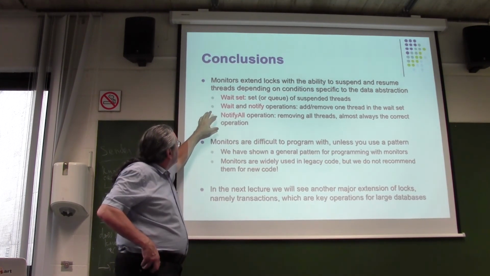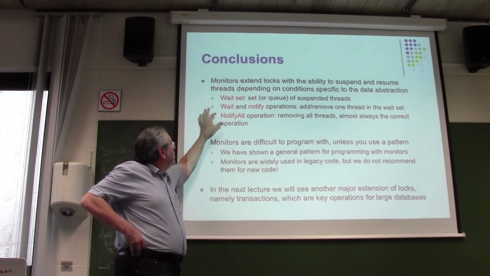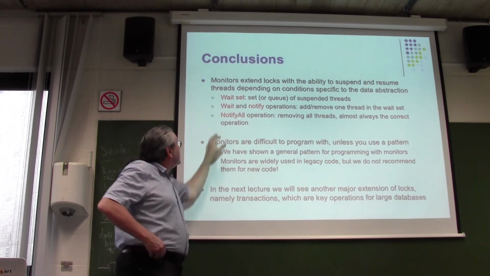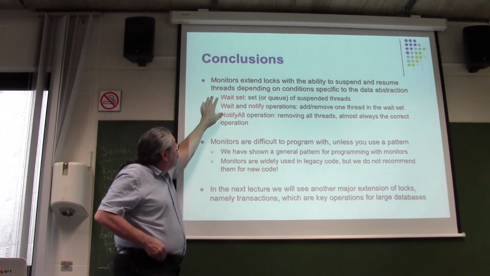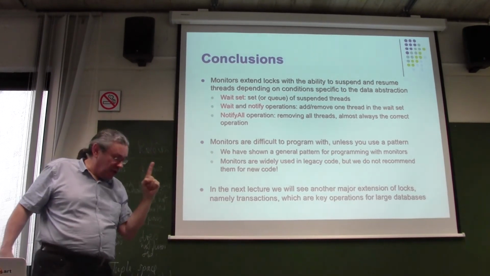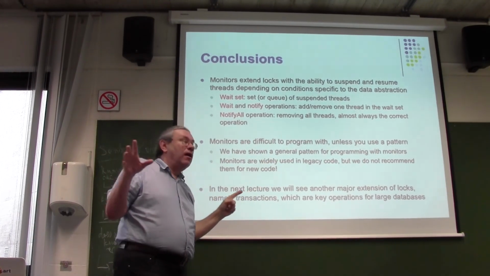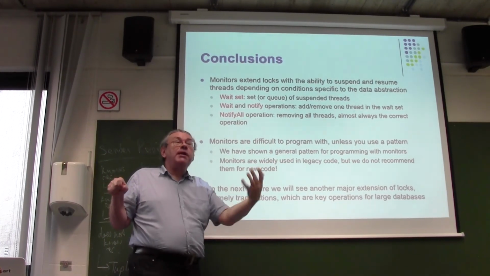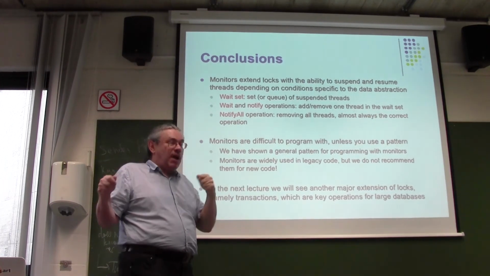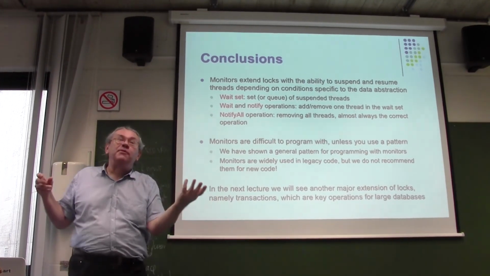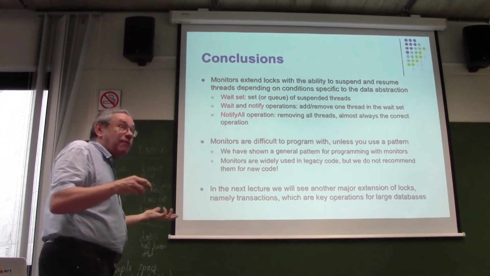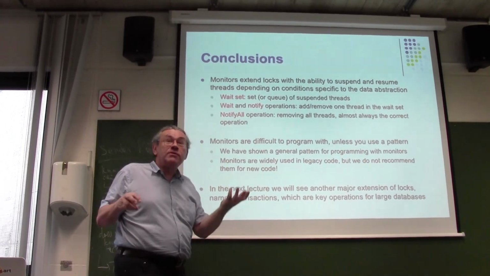The reason why you have notify all and not notify is that if you have only one wait set for a monitor, the threads might be waiting on different things. If you have puts, they're waiting for a get. If you have gets, they're waiting on a put. One of them is waiting for the buffer to be not empty, the other for not full.